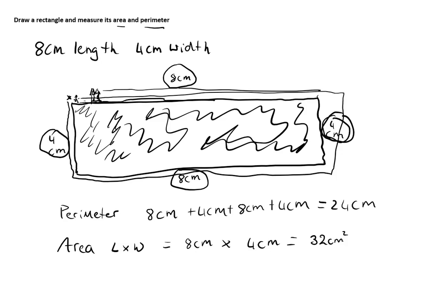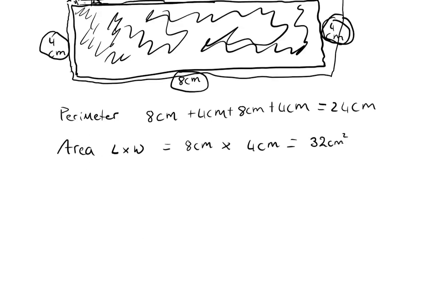Okay, let's try one or two more examples. So this time we have to find the perimeter and area of a garden which is a length of 5 centimeters and a width of 4 centimeters. So the perimeter, we add all the sides.